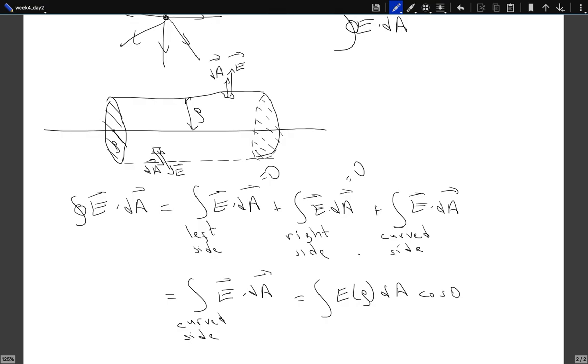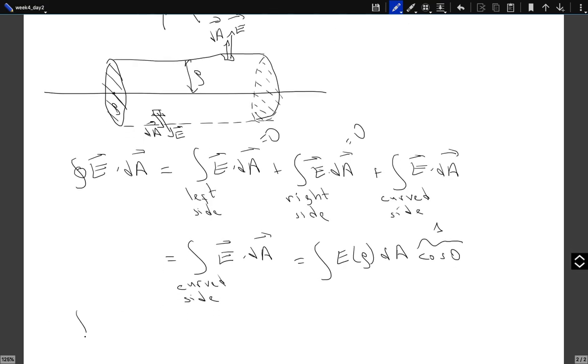This is 1. This is a constant. I can just take it out of the integral. But this is nothing but the total area. Remember, it's of the curved side only.